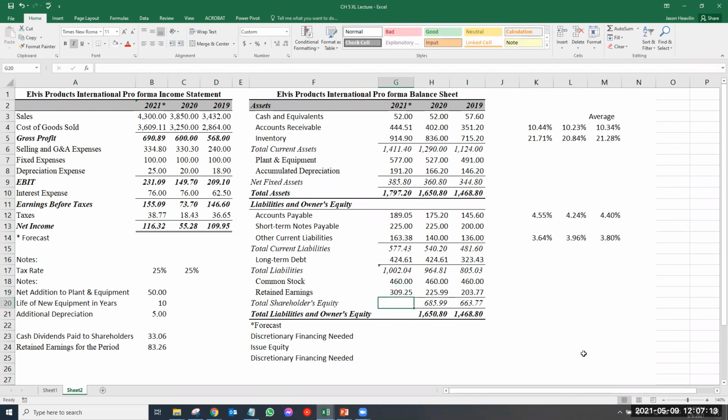So for total shareholders' equity, we take the common stock plus the retained earnings. And that's that. For total liabilities and owners' equity, we're going to take the total liabilities plus the total shareholders' equity.